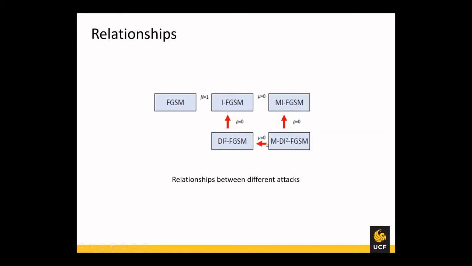If we set momentum to 0, then M-DI squared FGSM degrades to DI-FGSM. And then here, if we set the momentum to 0, then MI-FGSM degrades to I-FGSM. And finally, if we set the iteration number to 1, then I-FGSM degrades to FGSM.